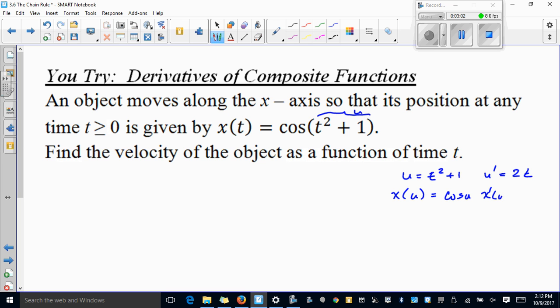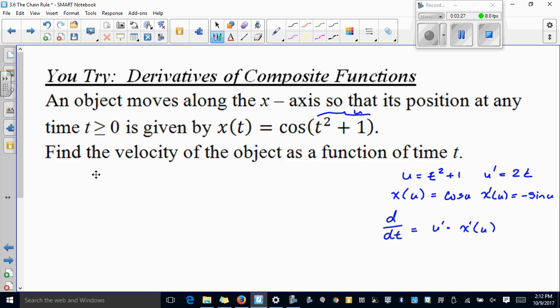Again, go back to that first day. Derivative of the outside, evaluated at the inside, times the derivative of the inside. So x prime at t is equal to 2t times negative sine of u. Let's go ahead and put u in there.